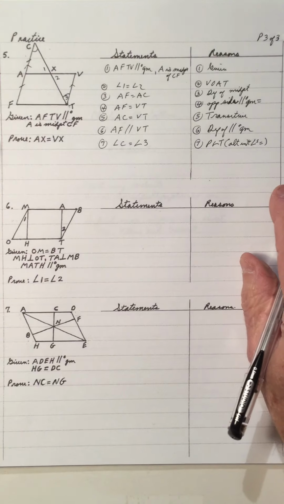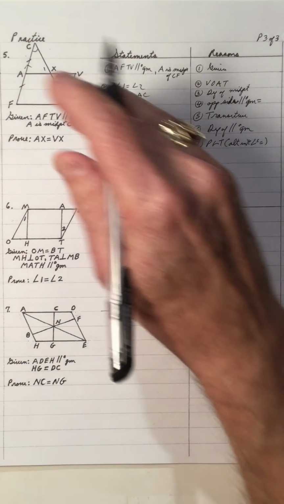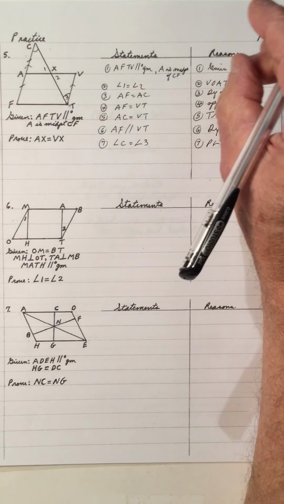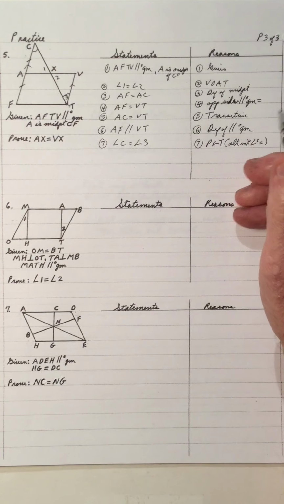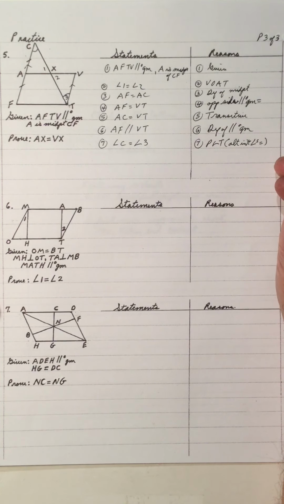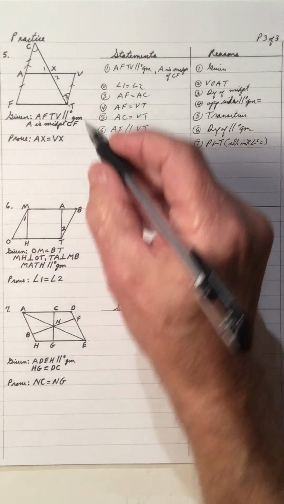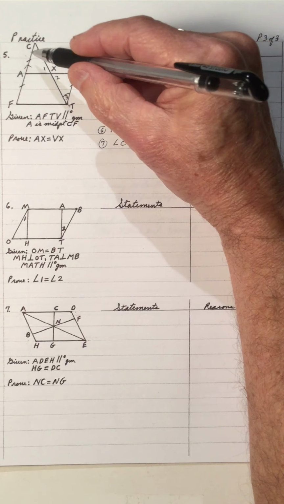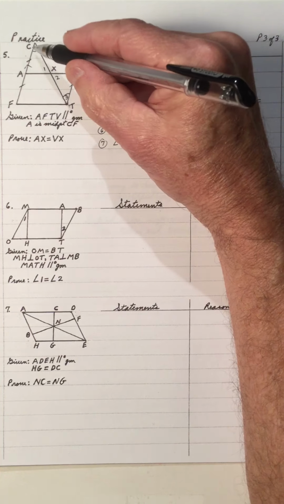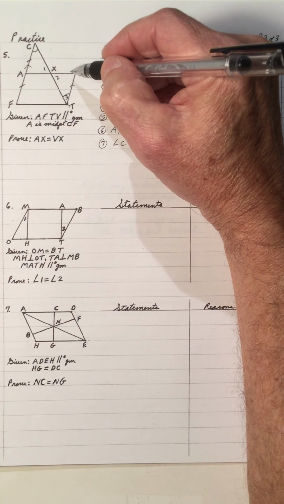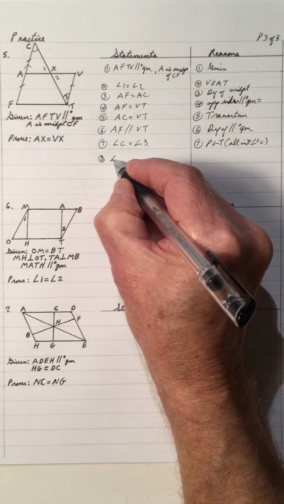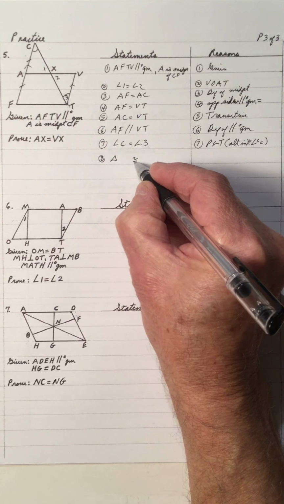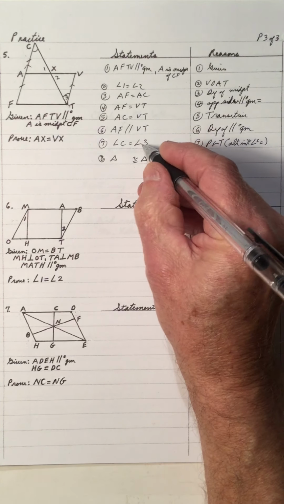Notice I'm doing a lot of alternate interior with the properties of a parallelogram, but we'll do more corresponding angles later. And now we have 1 equals 2, C equals 3, and AC is equal to VT. So I have enough to have my triangles congruent.